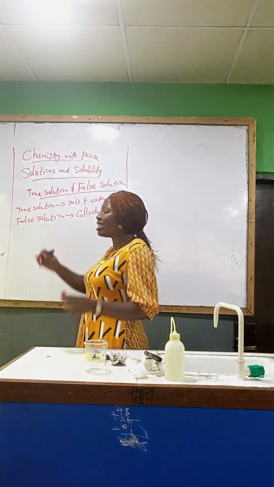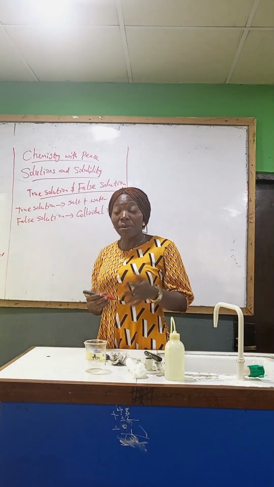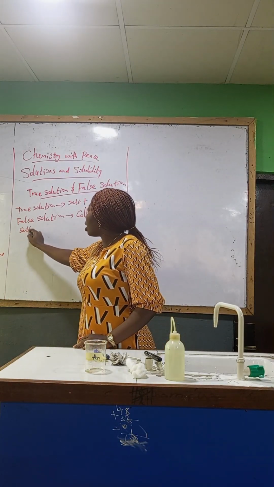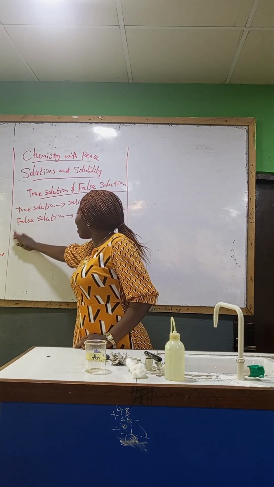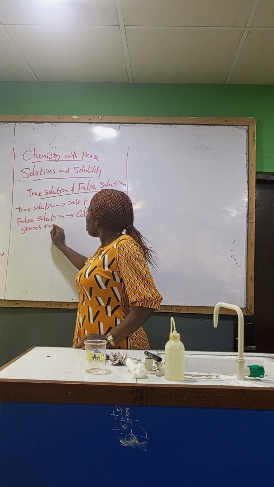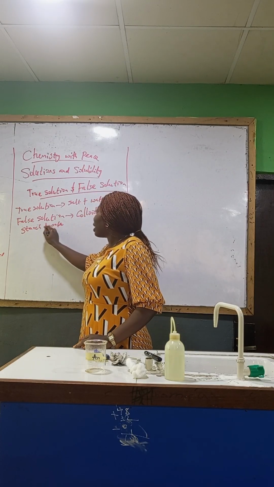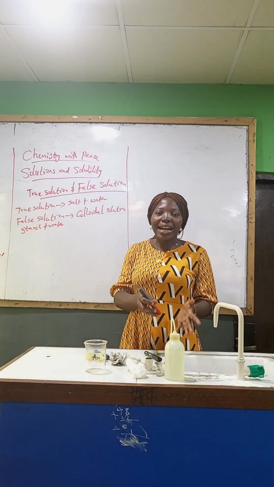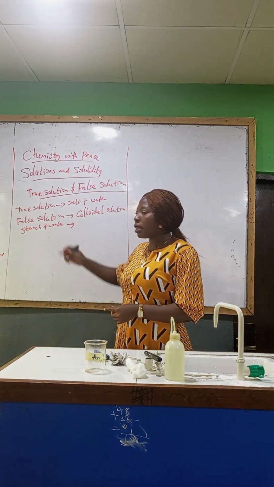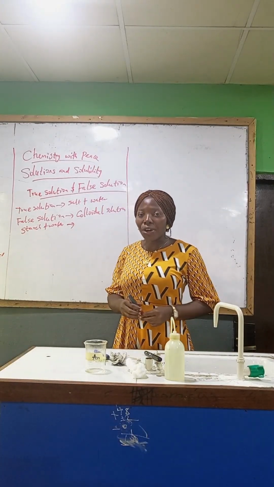Under false solution is formed a colloid, and under it we have starch. Starch plus water. When starch dissolves in water, it forms a colloid. That is an example of colloidal solution.